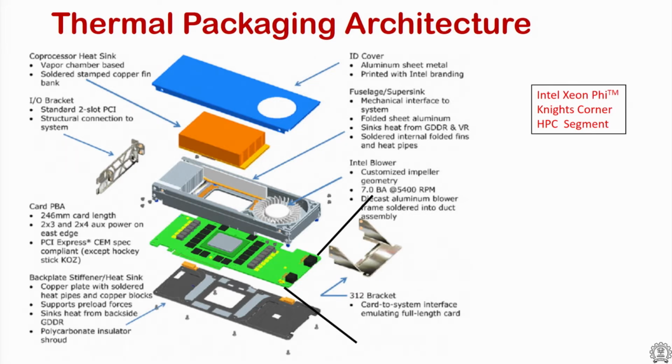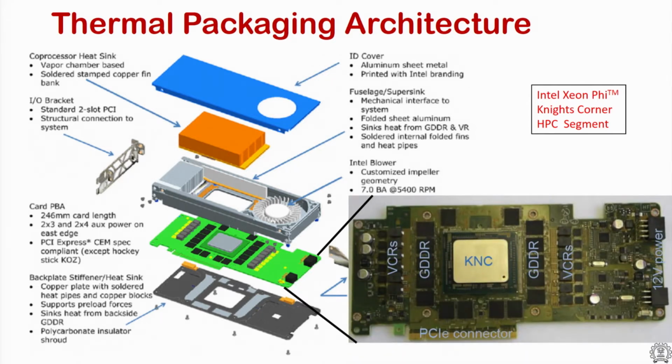The add-in card is shown in green, and that is the Knight's Corner package, and it has a processor, memory devices, so-called voltage regulators, power connectors and so on. In one zoom-up of this, the VCR is the voltage regulator, the GDDR is the memory device that is used there, and KNC refers to the processor. These memory devices are also placed on the back side of these add-in cards.